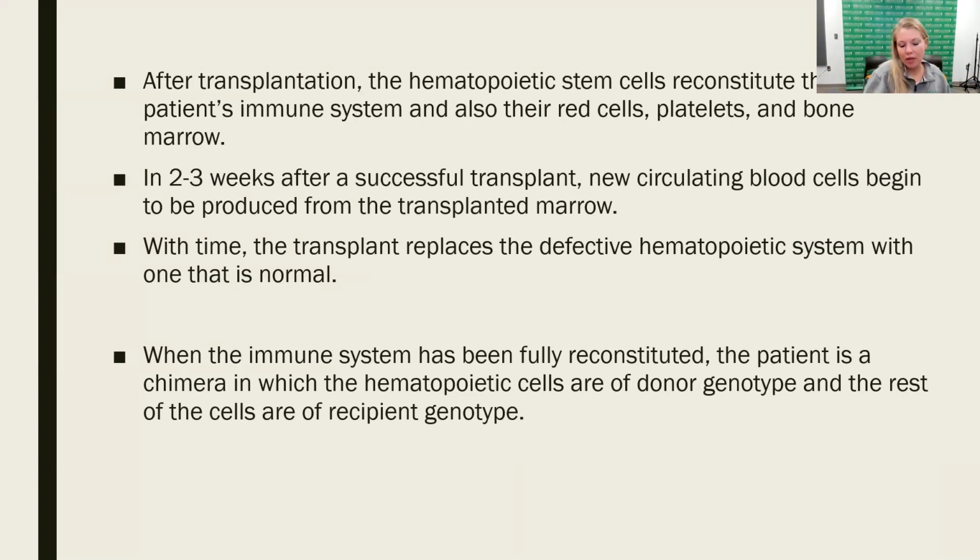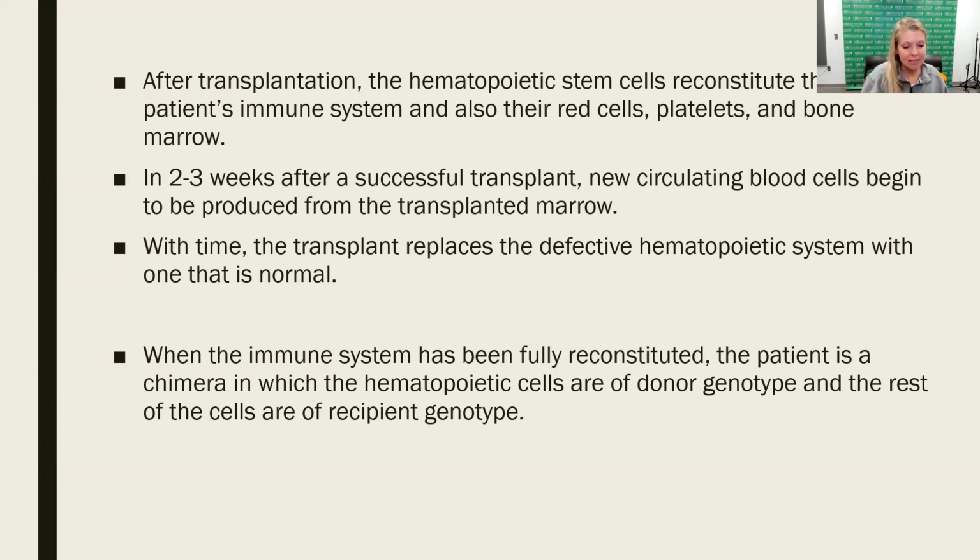After 2 or 3 weeks, the individual will start to have an immune system based on their donor's cells. And with time, they will have a fully reconstituted immune system and won't be in an immunosuppressed situation any longer.